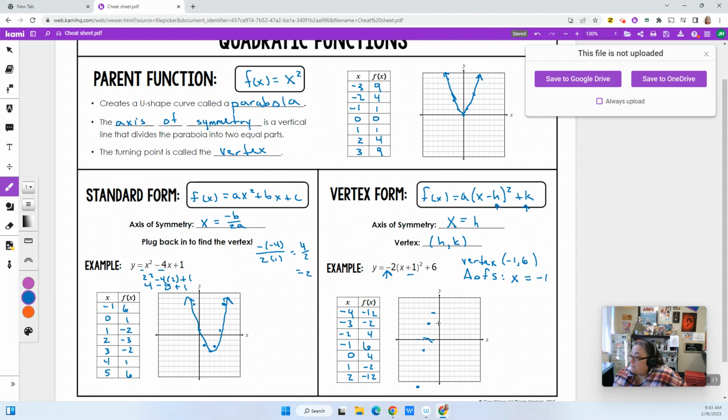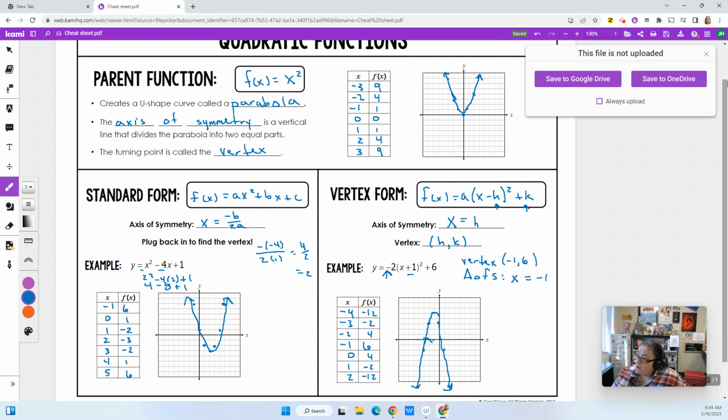And then it's going to start coming back down again. And you can kind of see how that works.